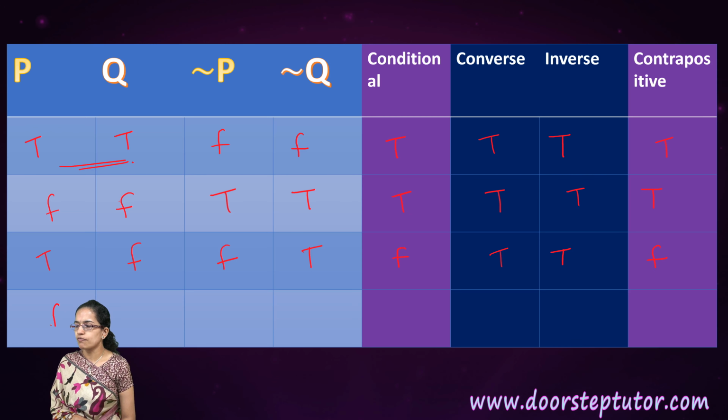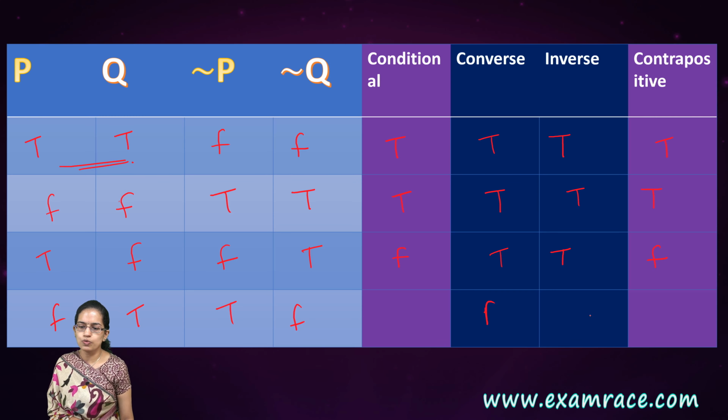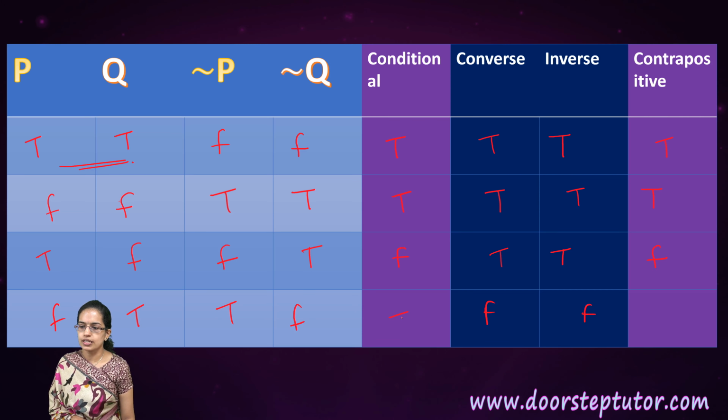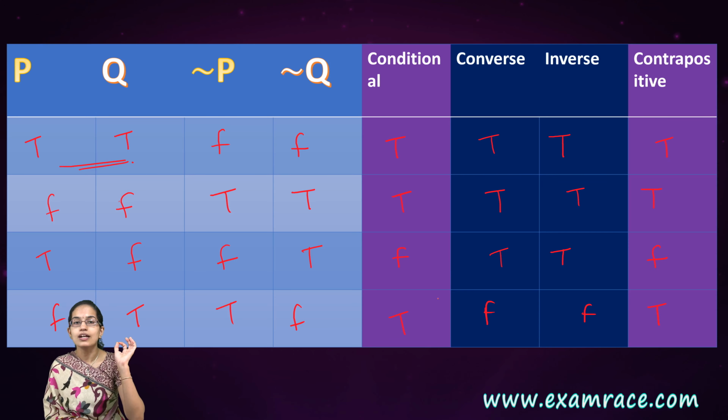And the reverse of it, if P is false and Q is true, then their negations would become true and false, and these two would become false, and the conditional and the contrapositive would become true.